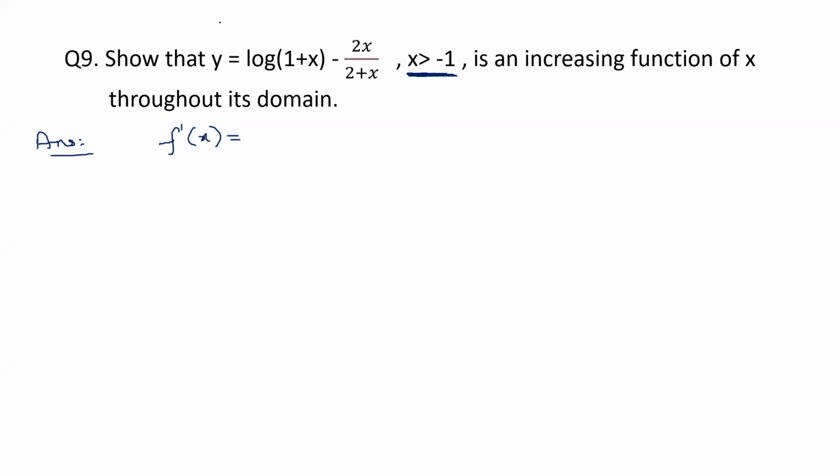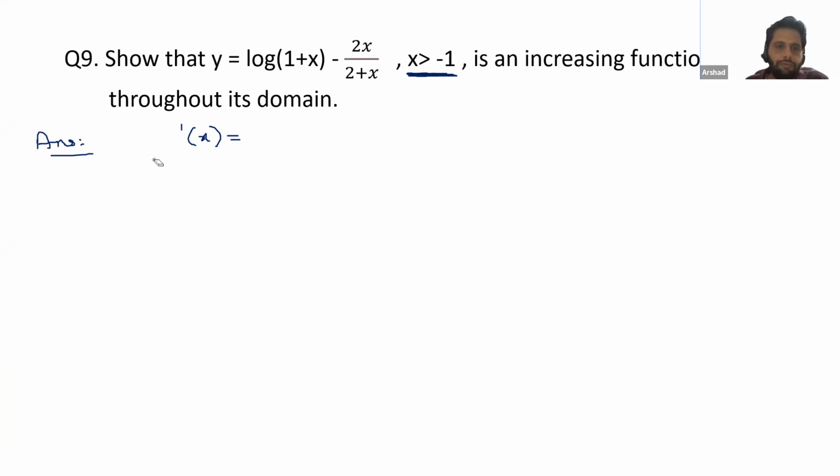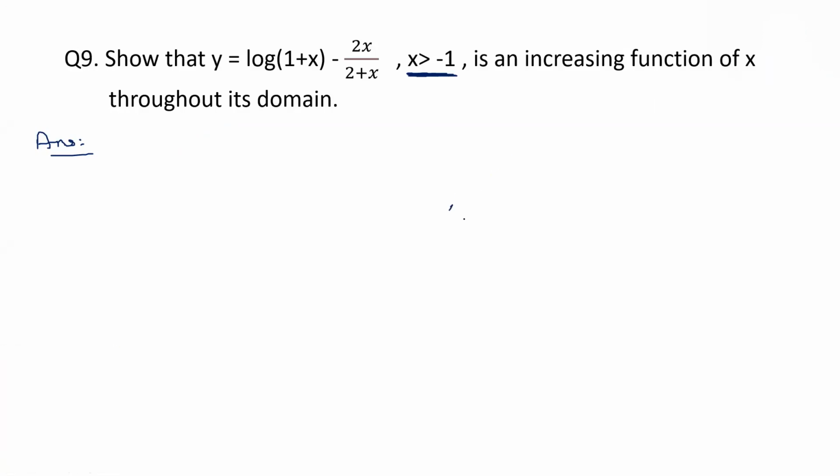Okay, let me solve this question. Anyone else find this derivative? Darshan, Josephus, Seth, anyone else got this value of f dash x? Sir, I got 1 by 1 plus x minus 4 by x plus 2 the whole square.